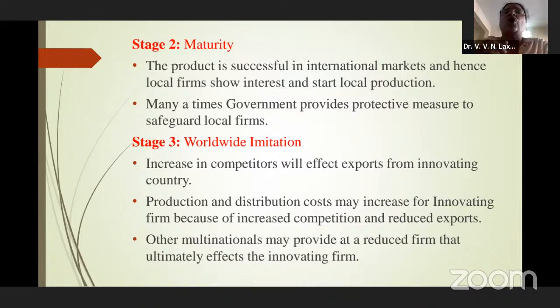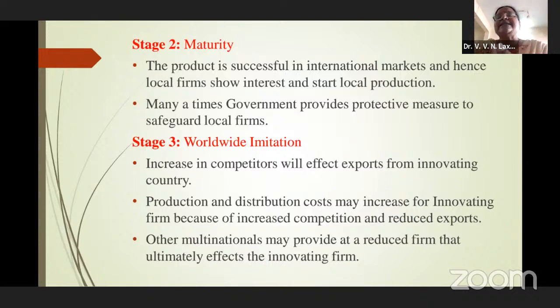Stage 3, or the fourth level, is about worldwide imitation. Because the product is very, very promising, many companies start manufacturing similar products, and they market similar products.